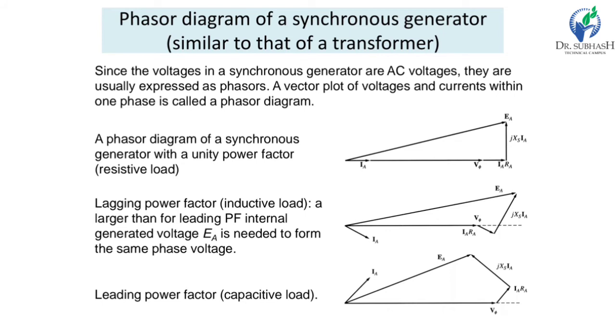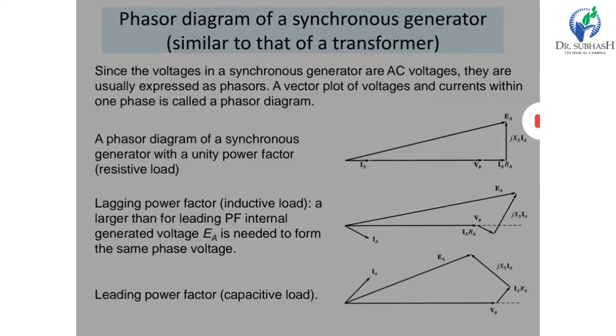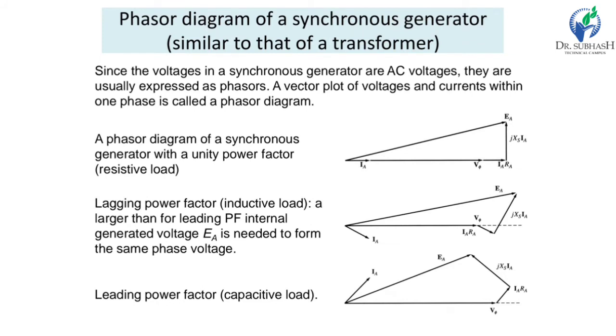Here we know that EA is equal to K phi omega. In this equation, EA is the internal generated voltage, K is a constant, phi is the flux, and omega is the speed of rotation of the rotor.